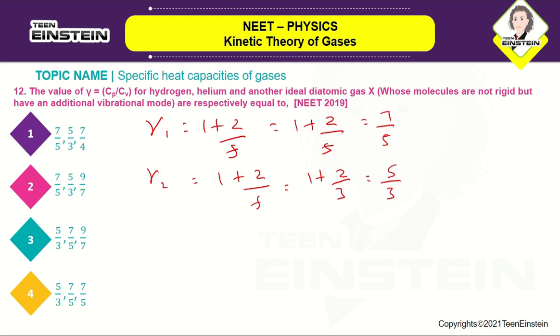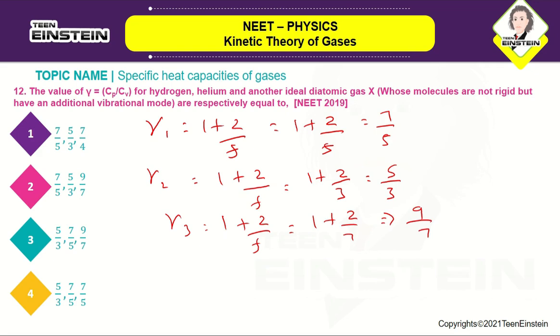Diatomic gases will be having 7 degrees of freedom. So considering the vibrational modes for X, mu3 will become 1 plus 2 by f is equal to 1 plus 2 by 7 is equal to 9 by 7.